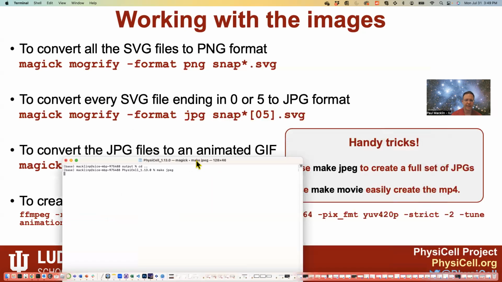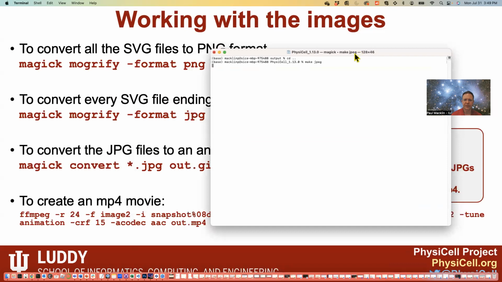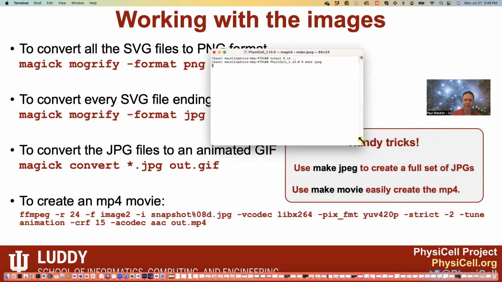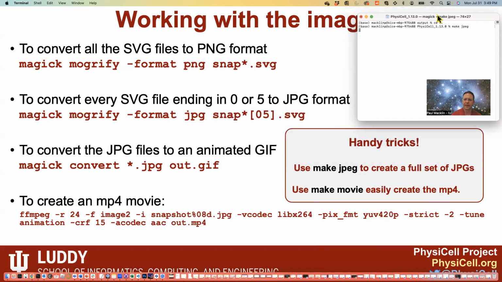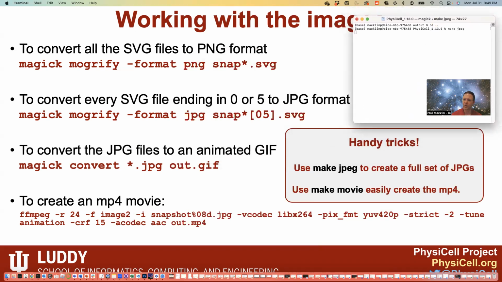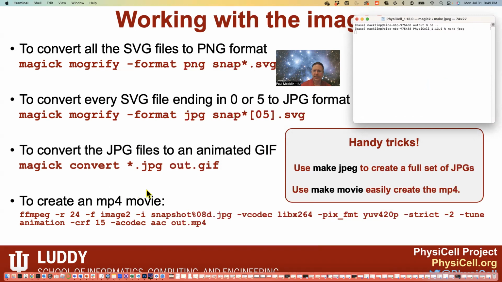You can also type make gif to take all the SVG files and automatically convert them into an animated GIF file, which is nice for things like social media. A little bit harder to control, but it's quite nice. The other thing you may find quite handy is make movie. If you type that, it will create an MP4 file with a nice balance of compression versus quality that is compatible with things like PowerPoint. So that can be quite handy too.